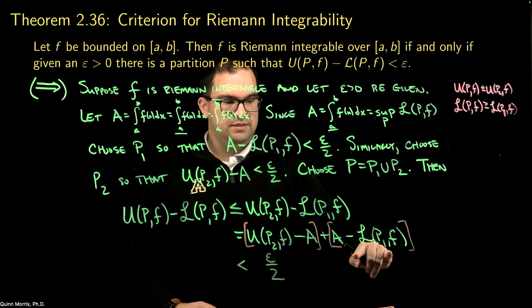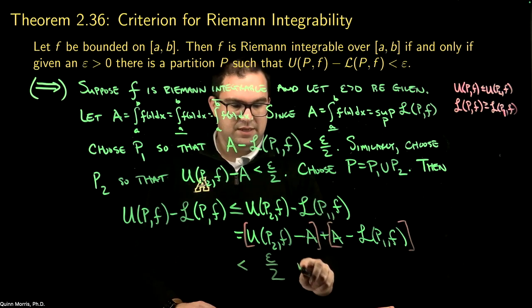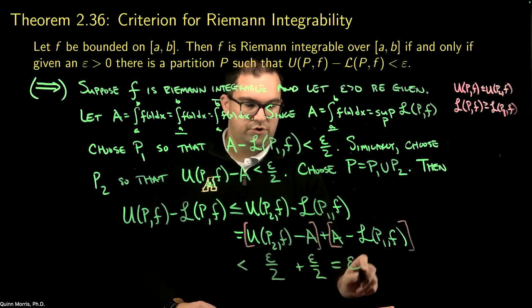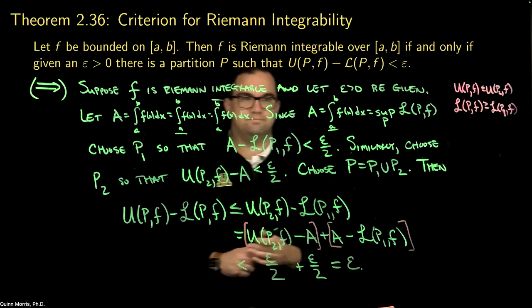The quantity in the second set of brackets, I also know to be less than epsilon over 2. And so this entire quantity is less than epsilon over 2 plus epsilon over 2, which is epsilon.